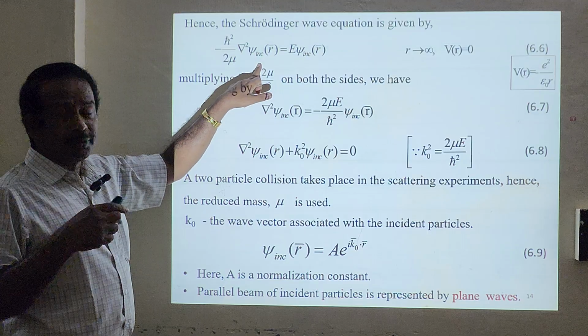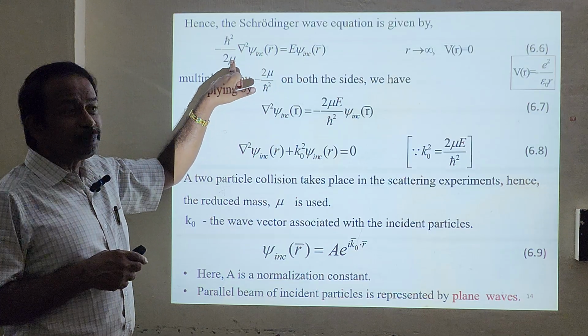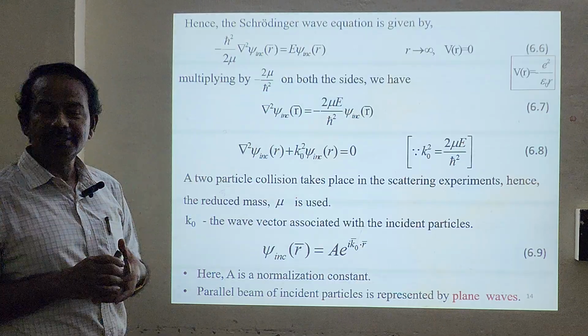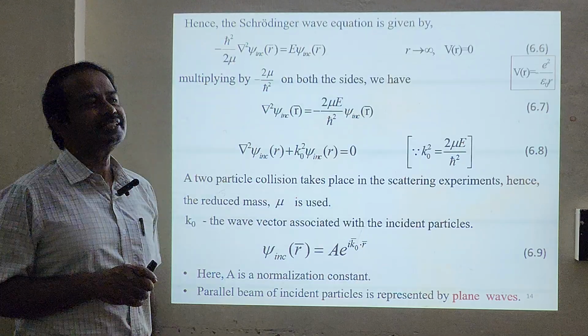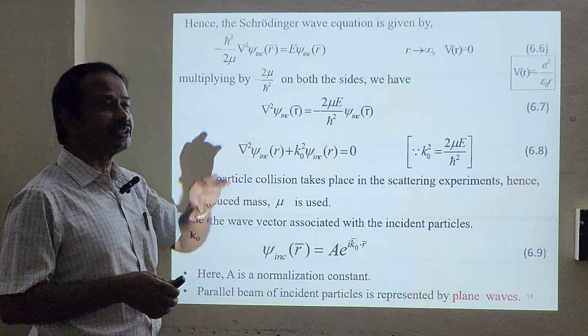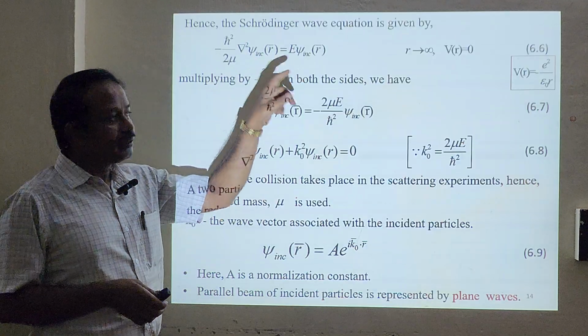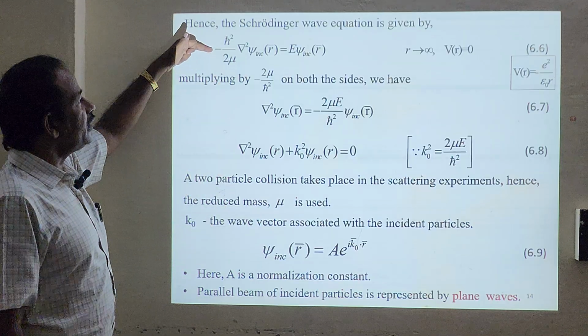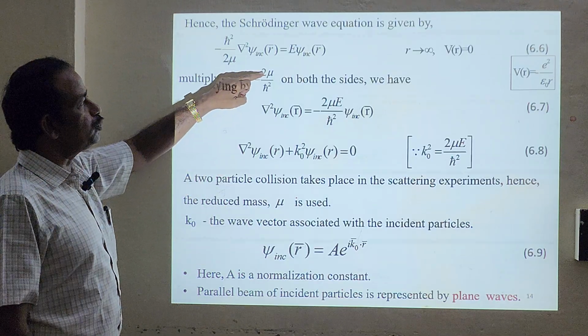So we know already about the time independent wave equation: kinetic energy plus potential energy equals total energy. Now we are going to discard the potential energy term, so only the kinetic energy will be your total energy, since r tends to infinity. So multiply on both sides by minus 2 mu by h bar squared.